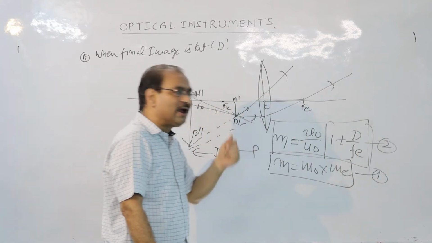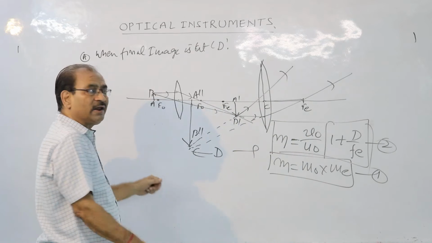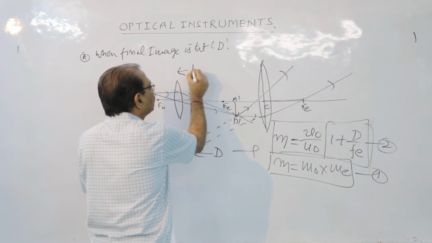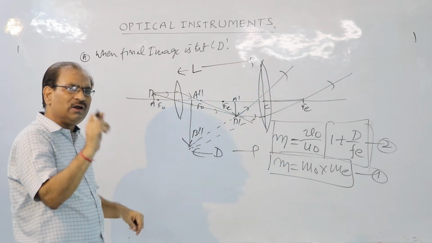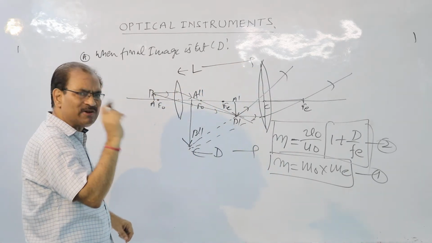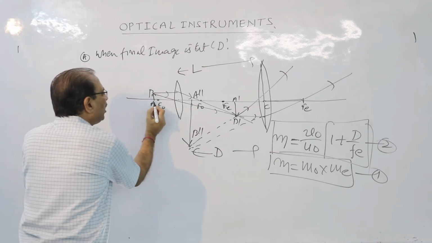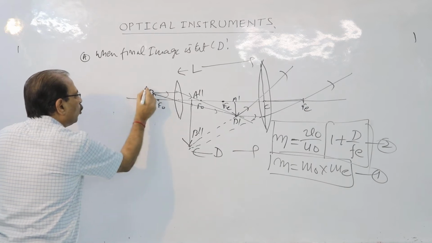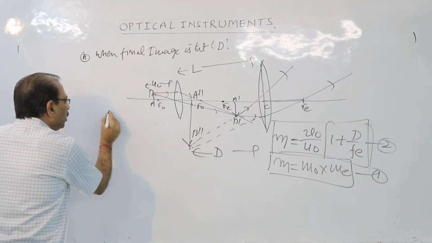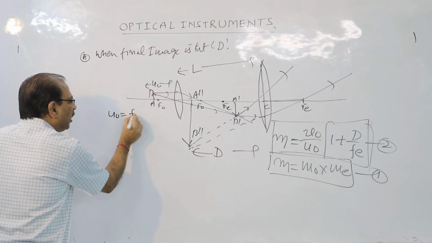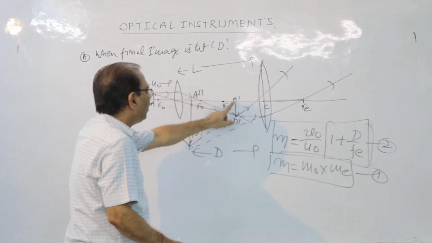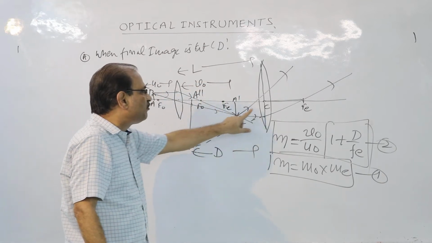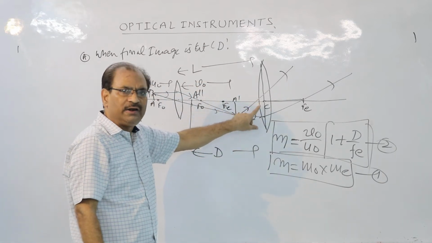Children, one more thing here I would like to mention. What is called the length of the microscope? The distance between the two lenses is basically called the length of the microscope. Now, a simple special case you can say: if you keep an object very close to FO, that is, if UO, this separation is called UO, if UO is equal to FO, then this image, this separation is called VO, this image will be shifted and it will be very close to the eye lens.